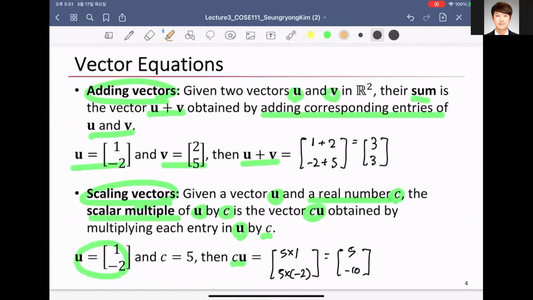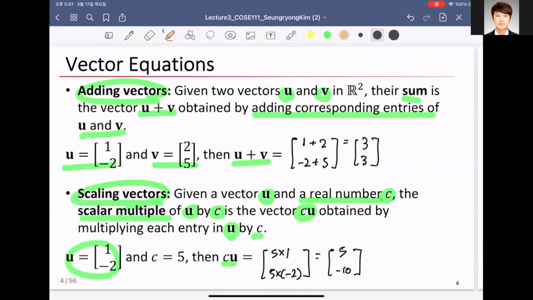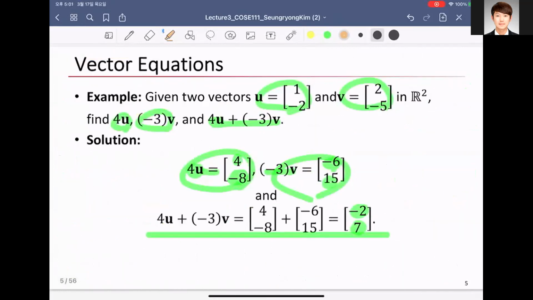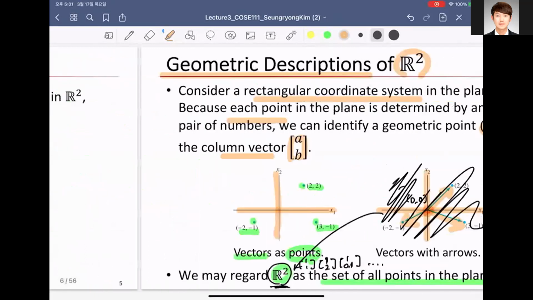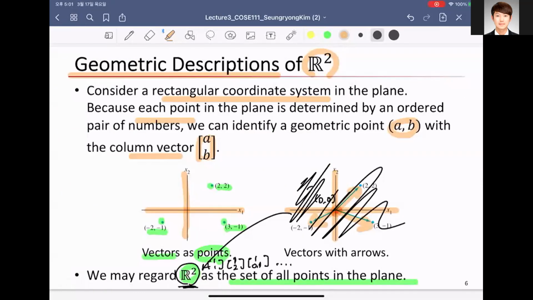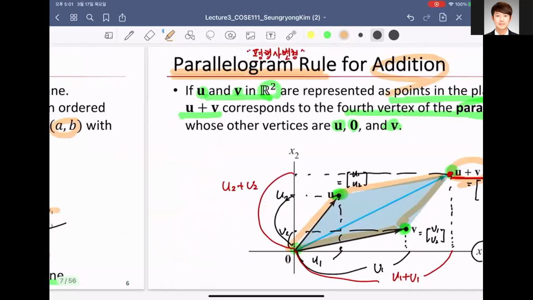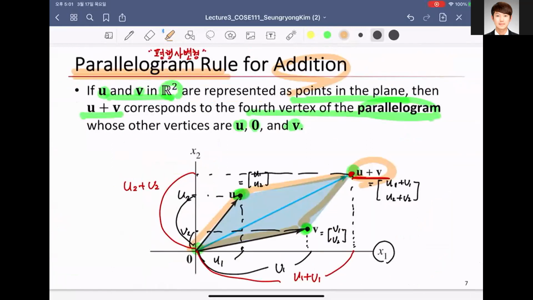Adding vectors and scaling vectors is very easy and straightforward. Using this, we can do similar arithmetic operations in the vector domain. We also discussed how to represent a vector geometrically as a point or an arrow, and how to represent the vector u plus v geometrically.